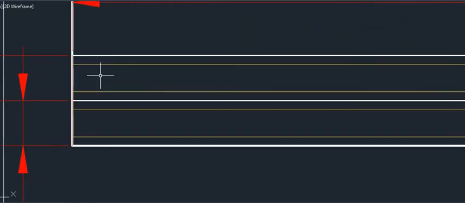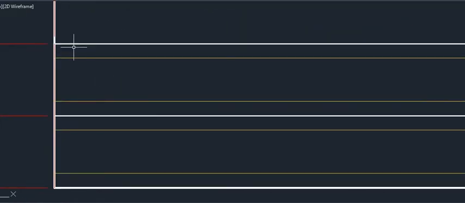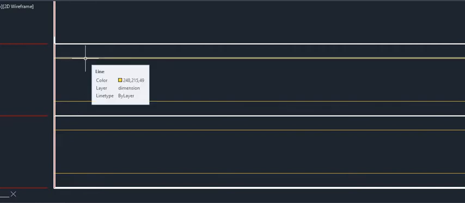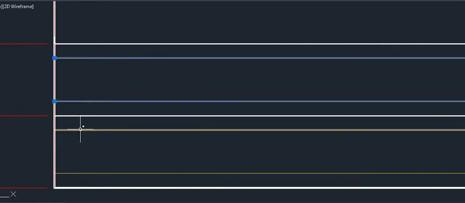Now starting from this line, you draw a guideline, 2 millimeters, and then the distance between the two guidelines is 0.6 centimeter or 6 millimeters. Again, these lines are just light lines since they are guidelines.